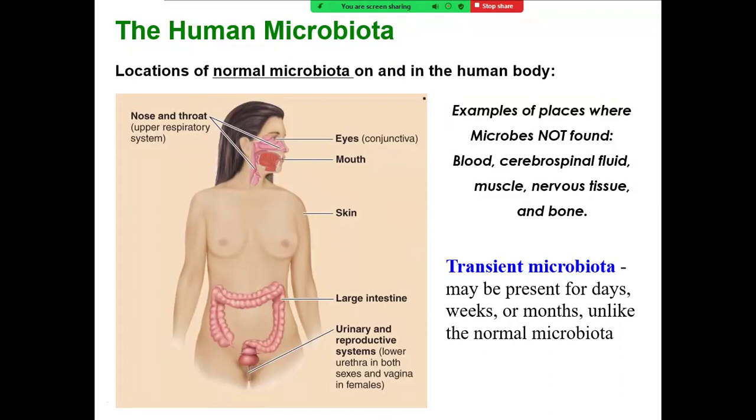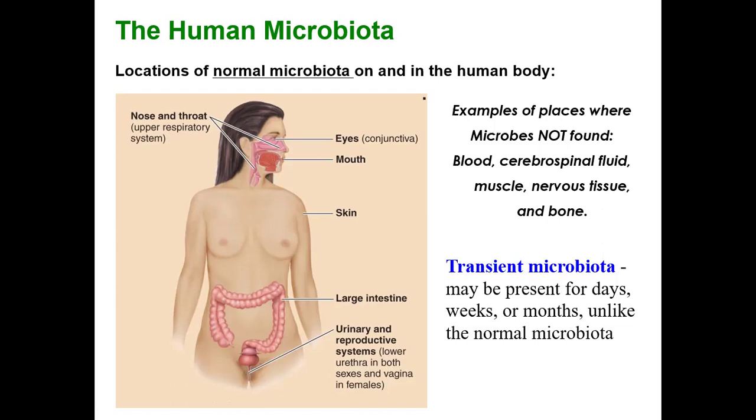The urinary and reproductive systems, at least the lower portion, do have a normal microbiota. The urethra in both males and females has a normal microbiota. Any questions about that?